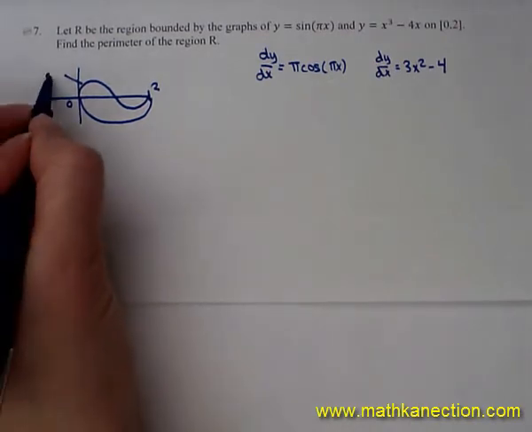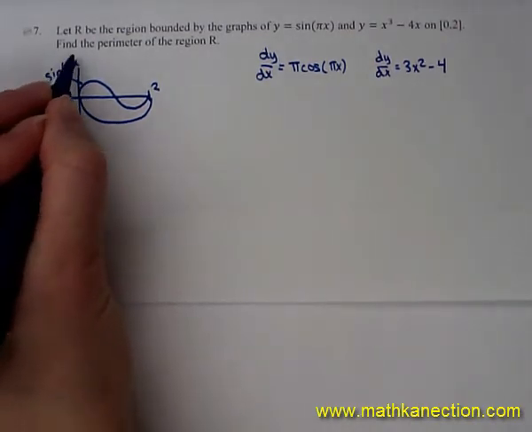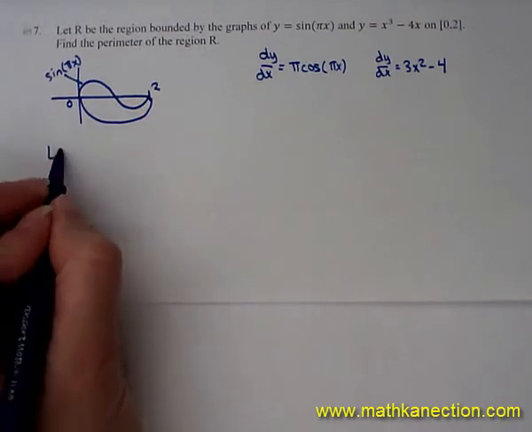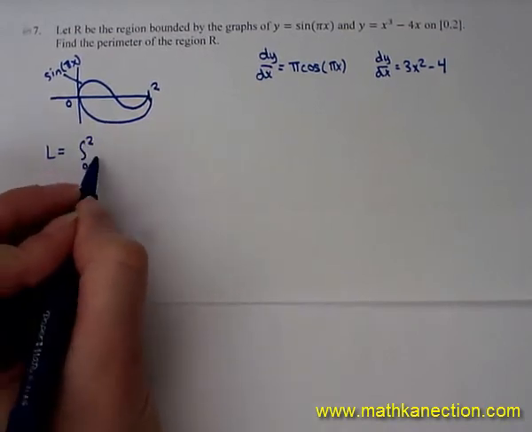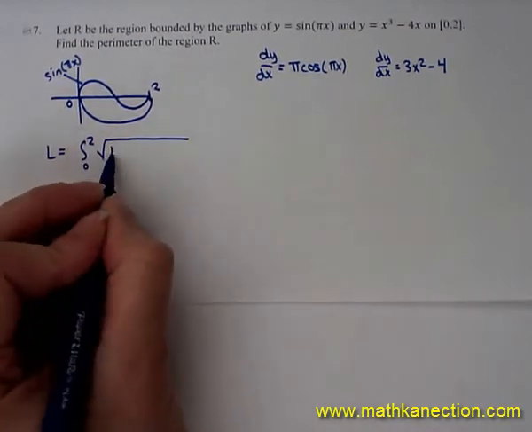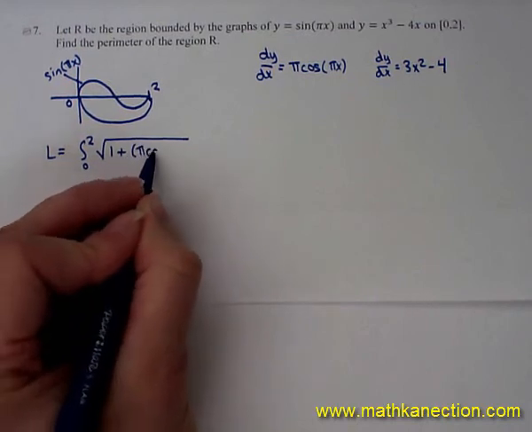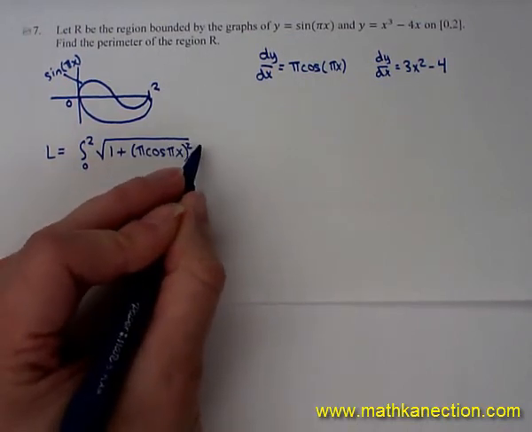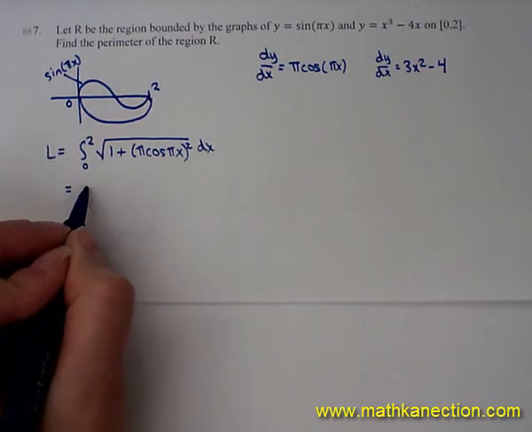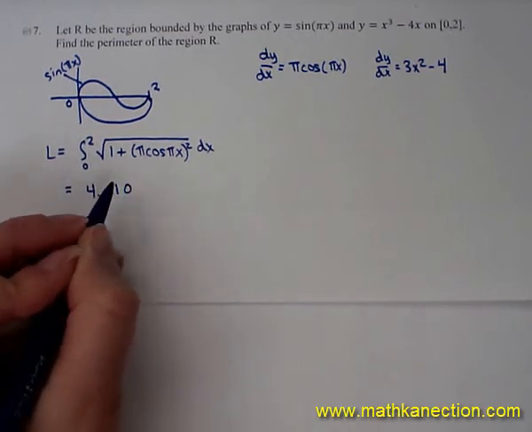So to get the length of the curve for sine of pi x, that length is the integral from 0 to 2 of the square root of 1 plus (pi cosine of pi x) quantity squared dx, using the calculator to get 4.1610.